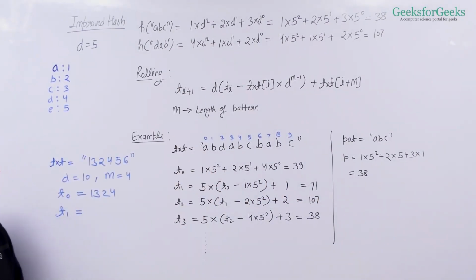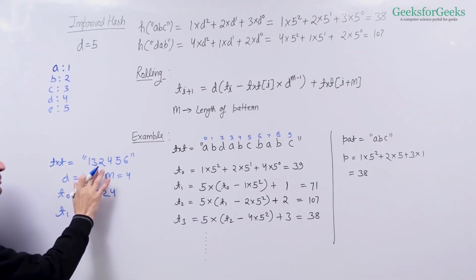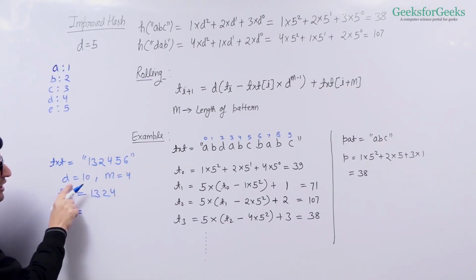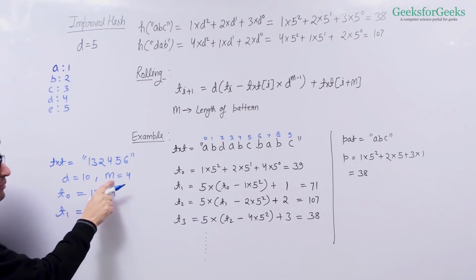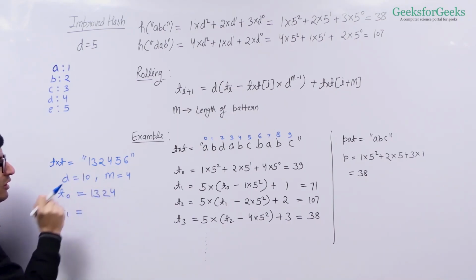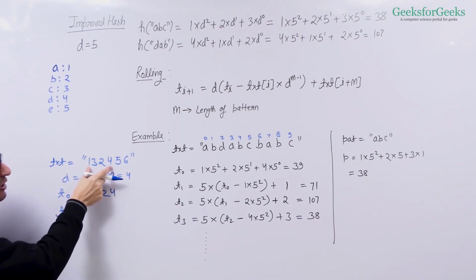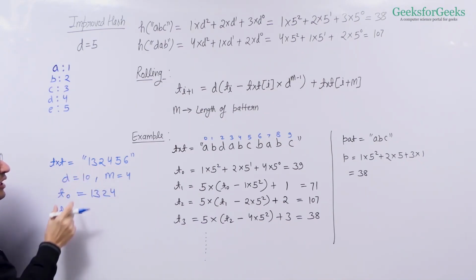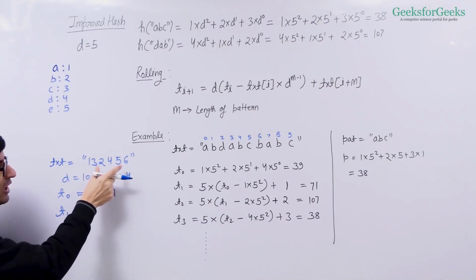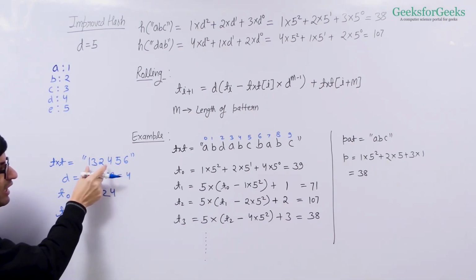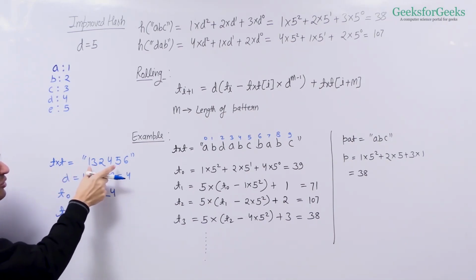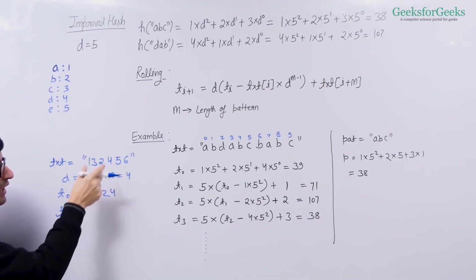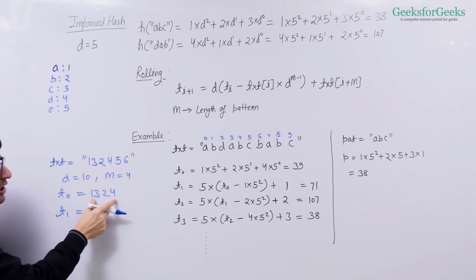For example, if you consider this text of simple decimal digits and you consider d equal to 10, m equal to 4, the pattern length is 4, and if we simply take the values of the windows, the value of the first window is clearly 1324. Now we need to compute the value of the next window using the value of this window. So we want to get the value 3245 using 1324.